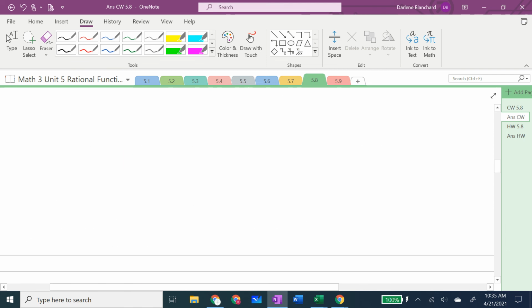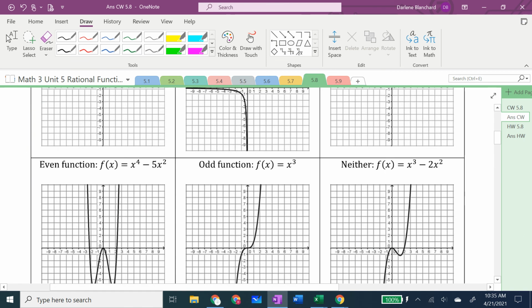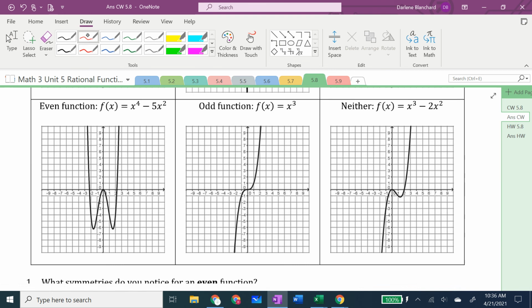Let's look at these even graphs. If I take this function and I vertically shift it, let's say I shift it like 2 units up, does it still have y-axis symmetry is what I'm asking. It still has y-axis symmetry.